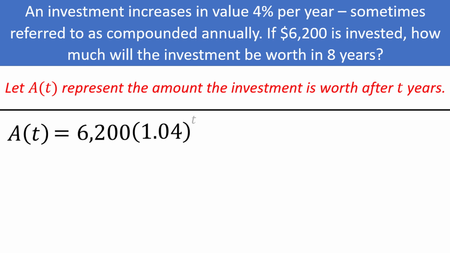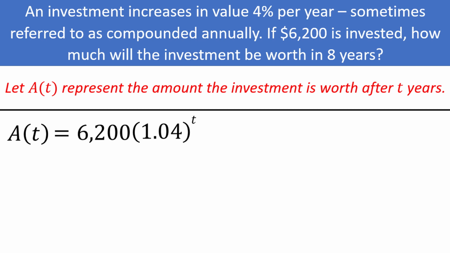This needs to be raised to the tth power, as 6,200 would need to be multiplied by 1.04 t times in order to find the value of the investment after t years. Altogether, we have A of t is equal to 6,200 times 1.04 to the t power.